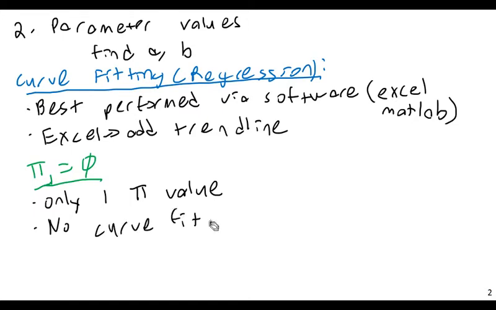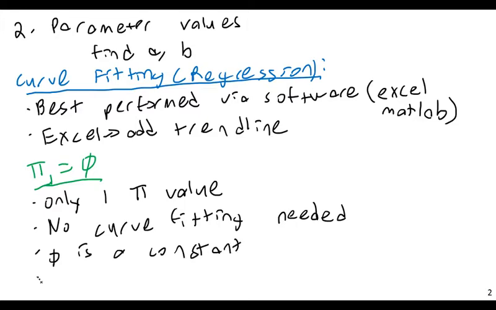So this might be the type of thing I gave you on an exam. That'd be very easy to put on an exam, because then you wouldn't have to do any kind of very fancy, very involved linear or polynomial regression. And then, of course, phi is essentially just a constant, just a set mathematical value.